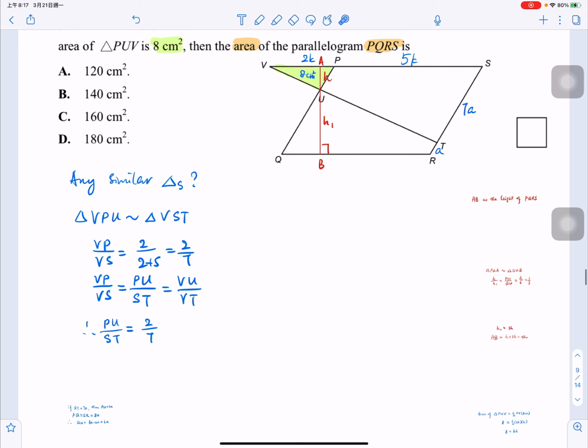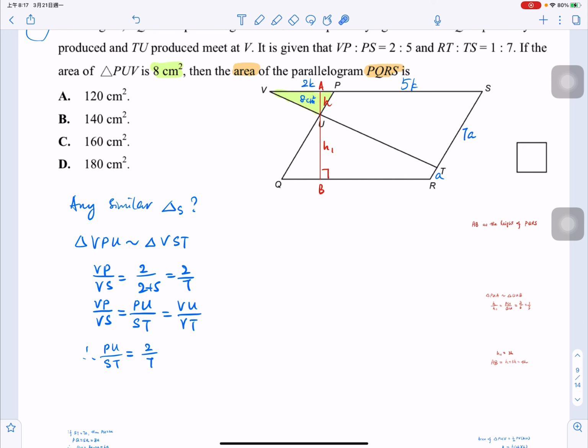So if here is 7A, this one will be 2A, because 2 to 7. How about QU? See, SR and PQ are the same, right? Total is 8A. Here is 2, that means here will be 6A, right?